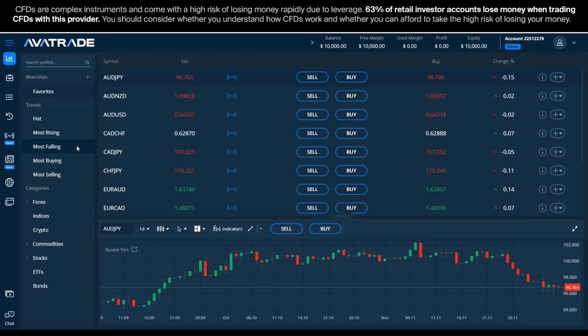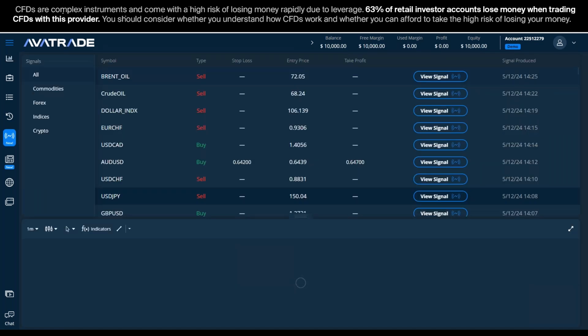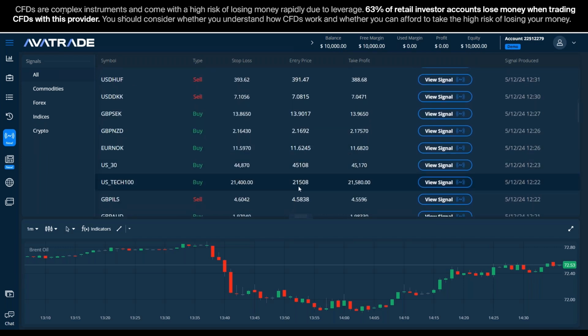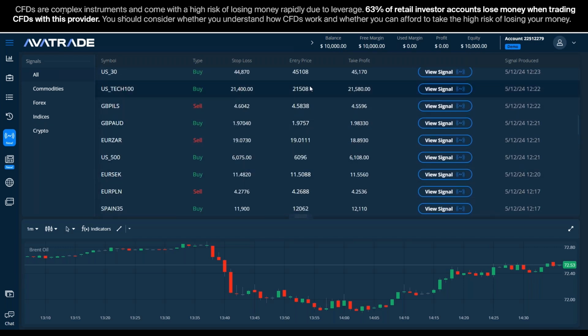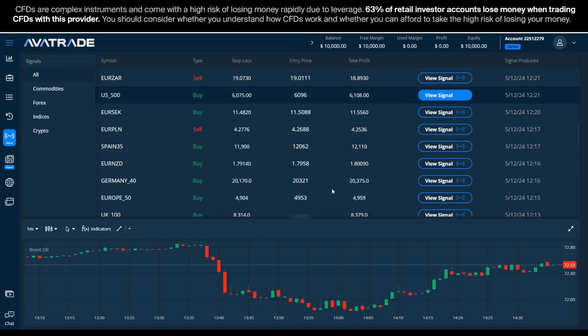Let's first understand what the lot size is and quickly go to the signal section. And in the signal section, we're going to randomly pick one of the instruments. Maybe go with S&P.